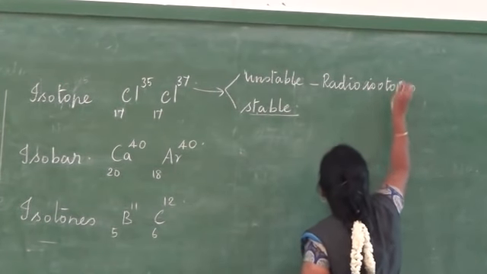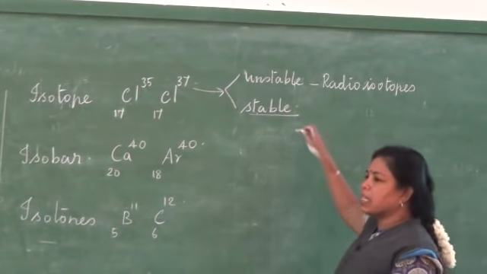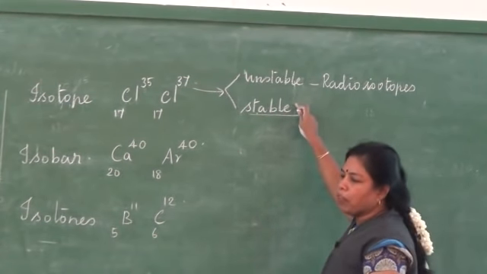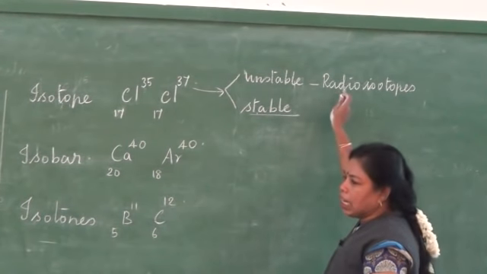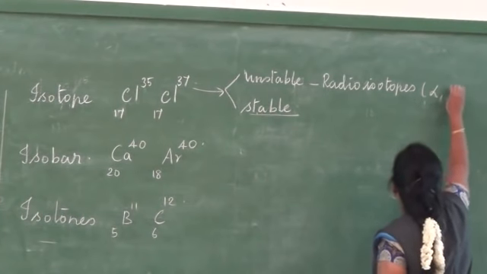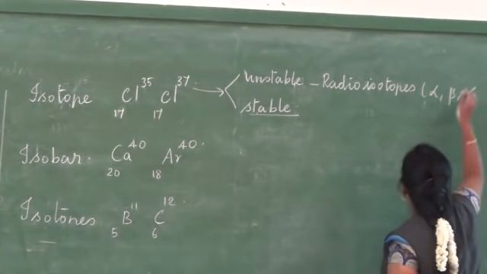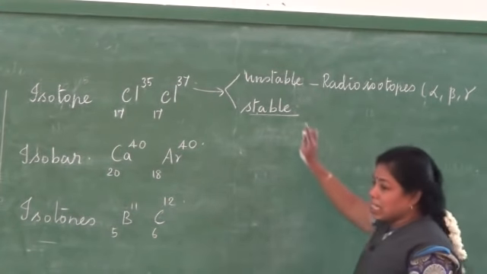So unstable isotopes are called radioisotopes. Why are they called radioisotopes? Because of the excess number of neutrons. The excess number of neutrons stimulates the atom to emit radiations. What kind of radiations will be emitted? Alpha rays, beta rays and gamma rays will be emitted because of the excess number of neutrons. So they are called unstable.